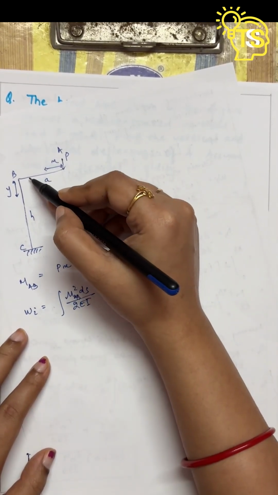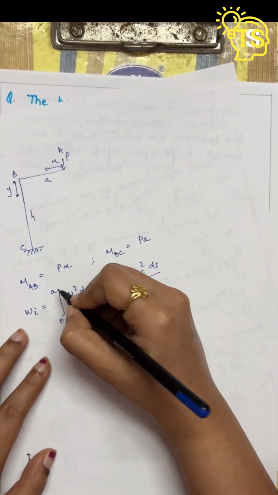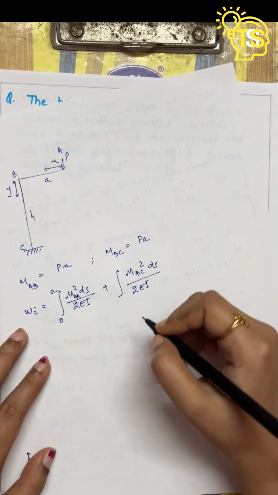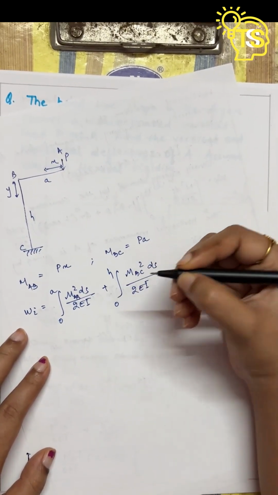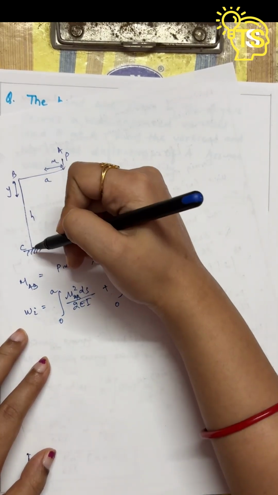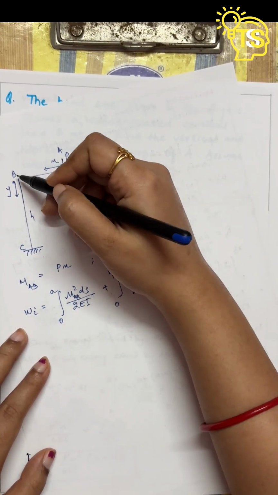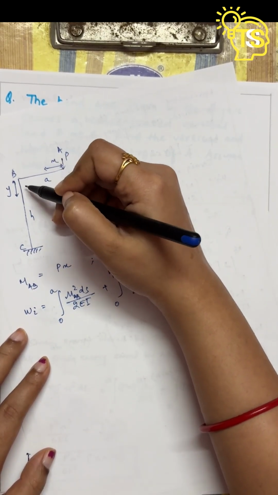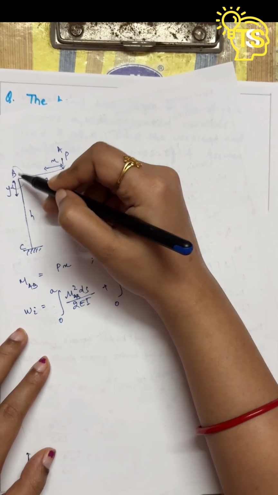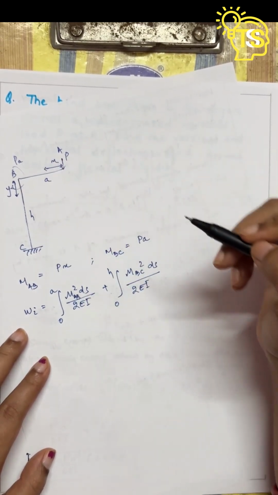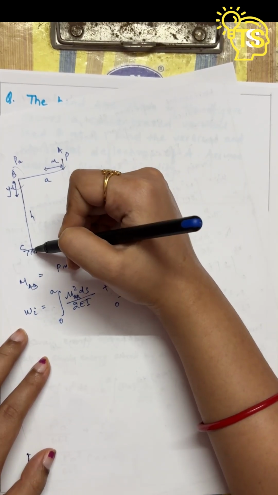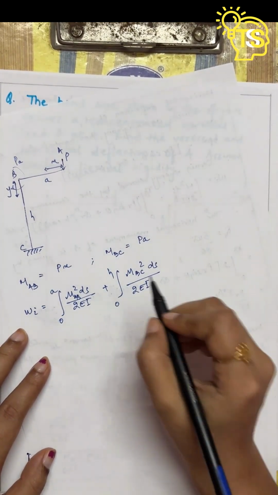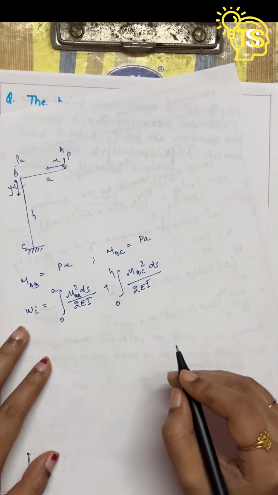Here we will take the limit from 0 to a, and here we will take the limits from 0 to h, because here the height is h and here we will get the moment, that is Pa, and here we will get the distance 0 till here, that is h. The limits we have already put.